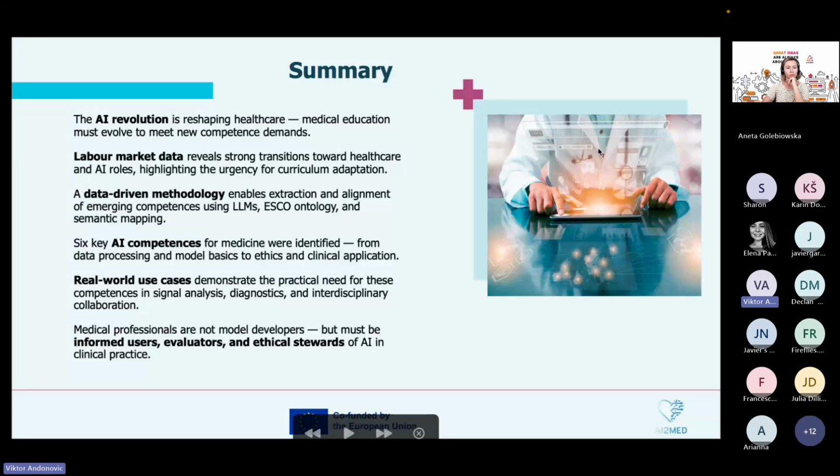We saw that there were 6 key AI competences for medicine that were identified, which range from data processing, which covers different types of data sets, such as time series data, medical imaging, and so on. And also some basics of AI and machine learning to distinguish between regression, classification, and knowledge of some explainable AI models, such as decision trees, decision rules, and so on.